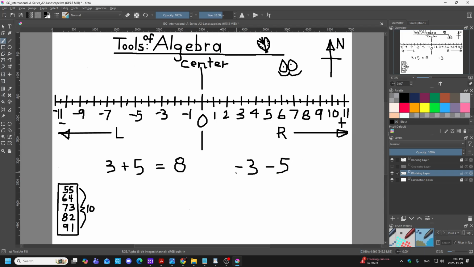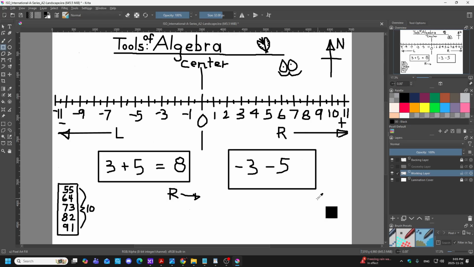So again, same signs, same concept, guys and gals. It's all direction, right? Here we're going right. Here we're going right. And here we're going left. That's all it is. Okay, let me write the answer down.